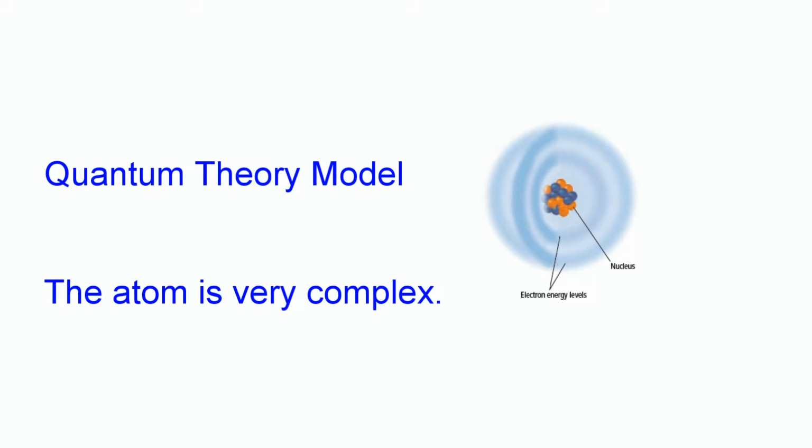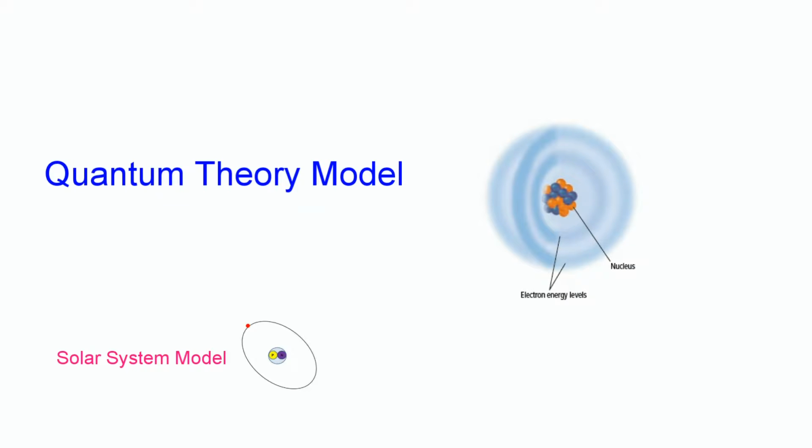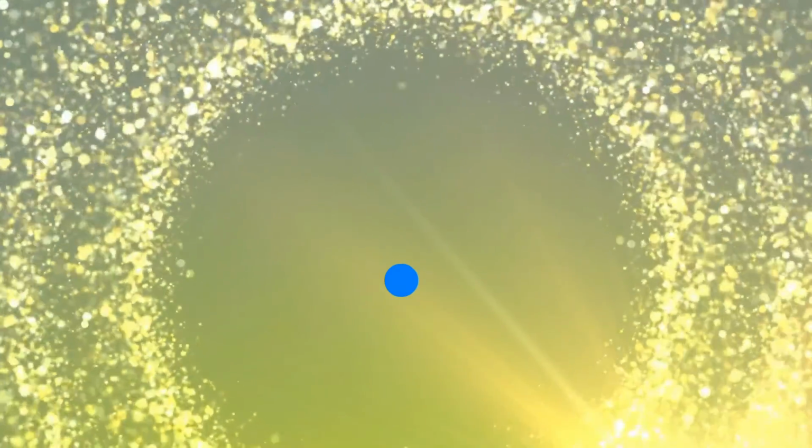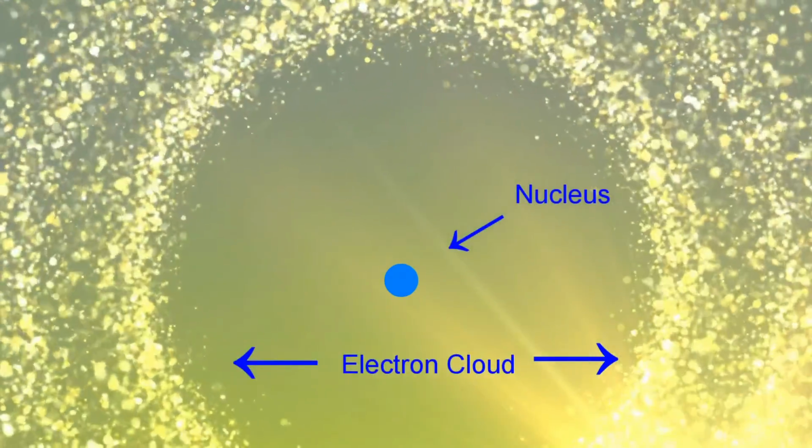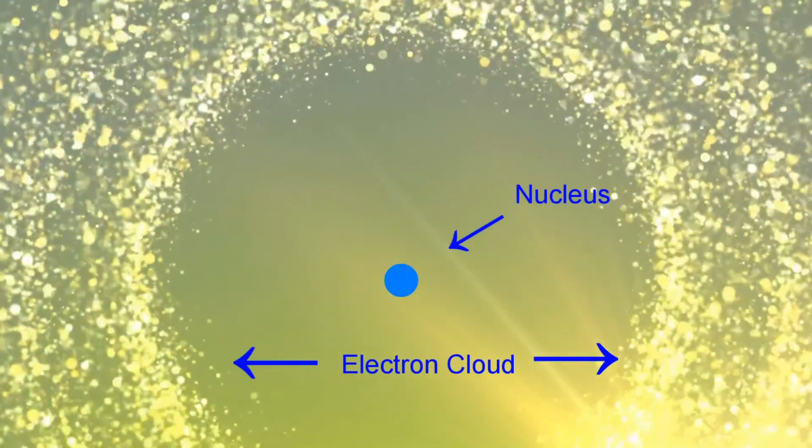For example, with the solar system model, we think of the electrons revolving around the nucleus of the atom. But the quantum theory model tells us that the electron does not really revolve around the nucleus like planets revolve around the sun. Instead, the electron forms a cloud around the nucleus, a probability cloud.